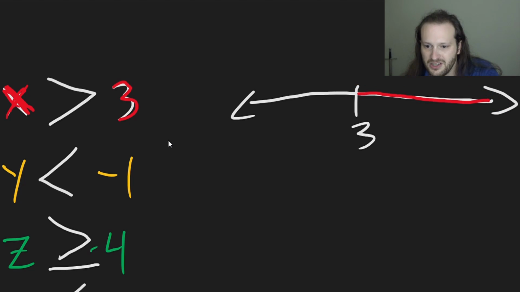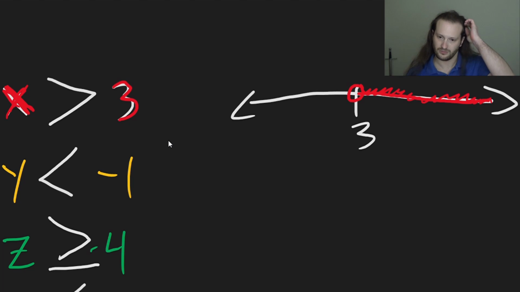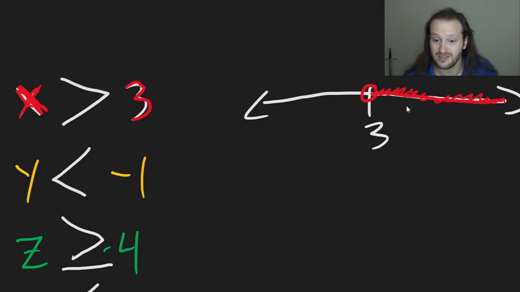You do an open circle. That means everything up to 3, like 3.000 with infinitely many zeros and a 1, infinitesimally close to 3, but not 3 itself.